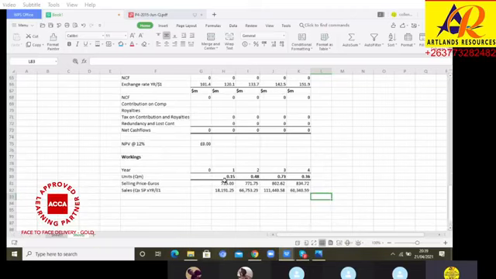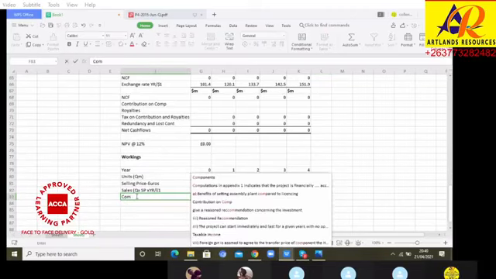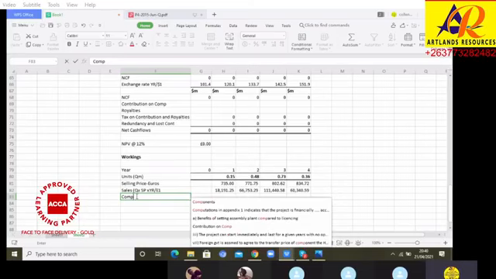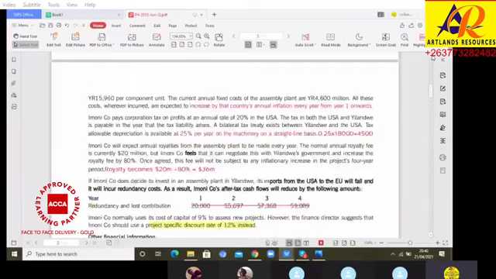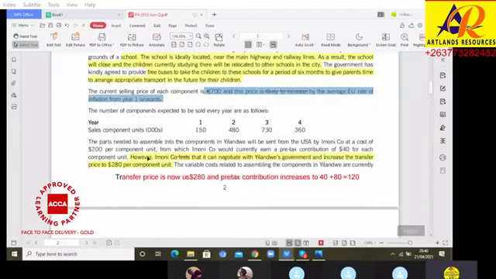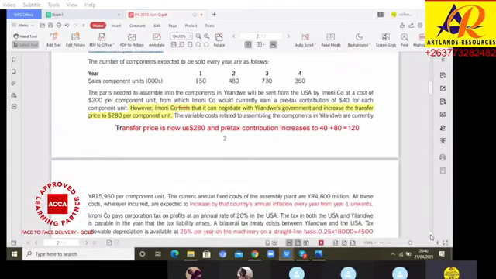Components are being transferred at 280. We are told that it increased from 200 to 280.